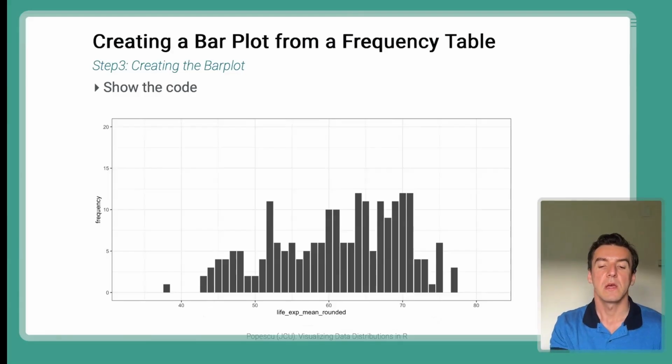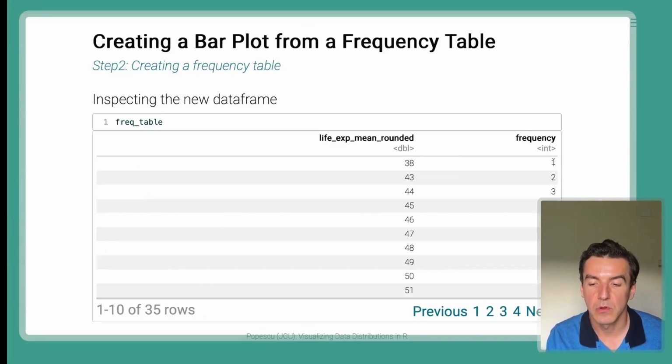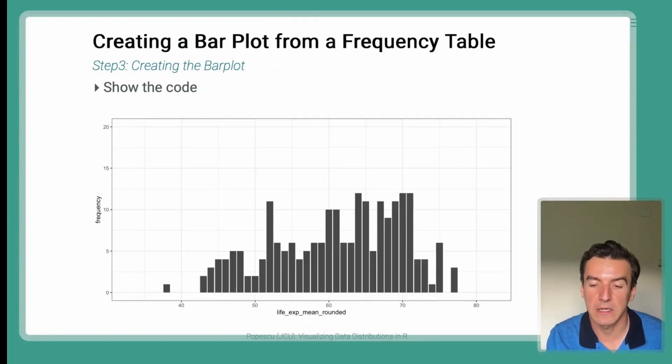Okay, this is what our data looks like as a histogram. On the x-axis, we have all these different ages. On the y-axis, we have frequency. So if you remember from this table, we have one country where life expectancy is 38.